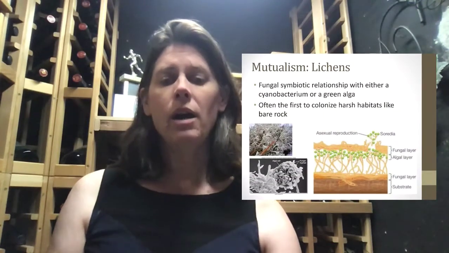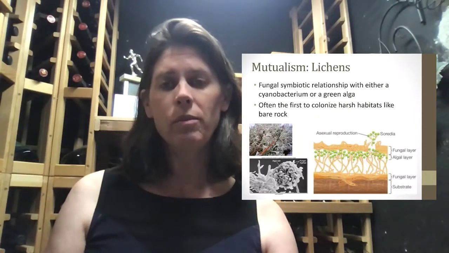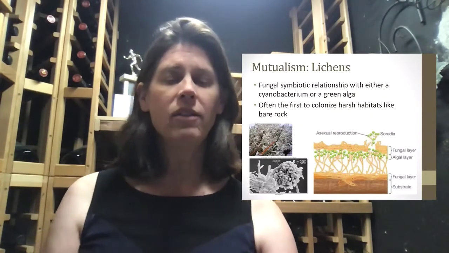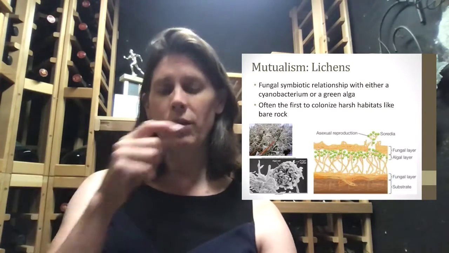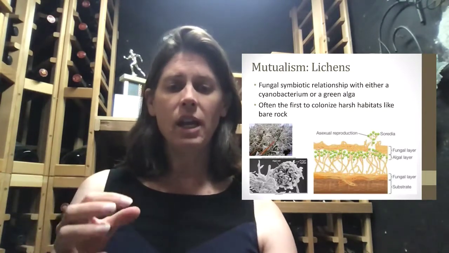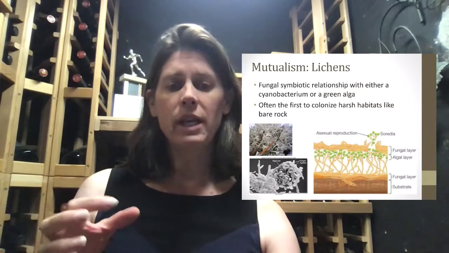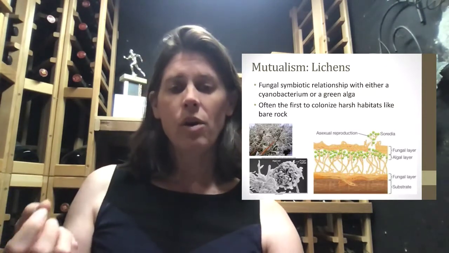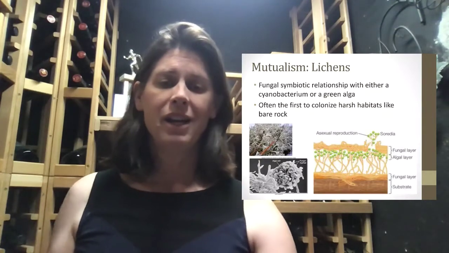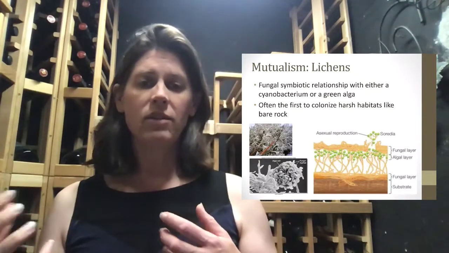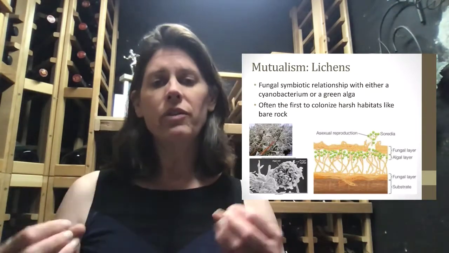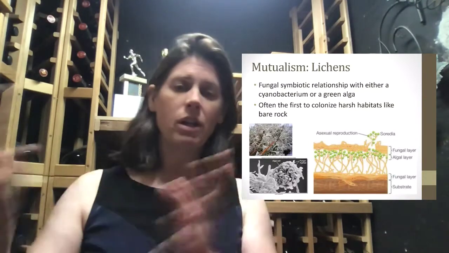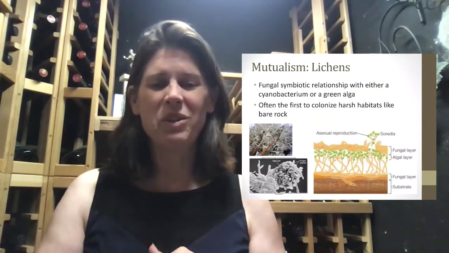Okay. Another form of mutualism is through an organism we refer to as lichens. Lichens isn't actually one single organism. It's a symbiotic relationship with either green algae or cyanobacteria. Green algae and cyanobacteria are single-celled organisms that are able to photosynthesize. Okay, and we're going to learn about those later in the semester as well.